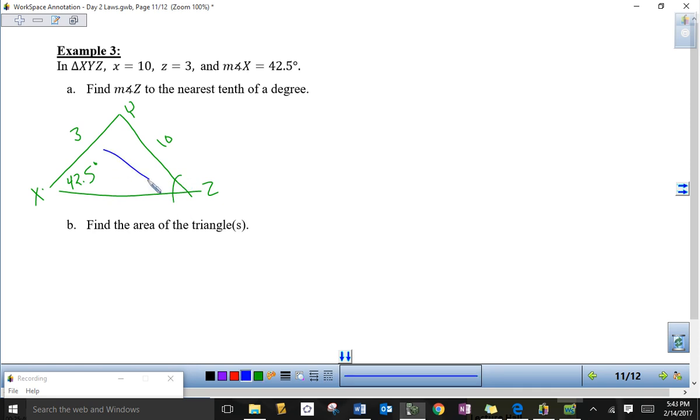Okay, we can use law of sines. We've got opposite here, sine z over 3, and then other pair is sine of 42.5 over 10. Again, I put my variable on top, that way I can solve pretty easily.